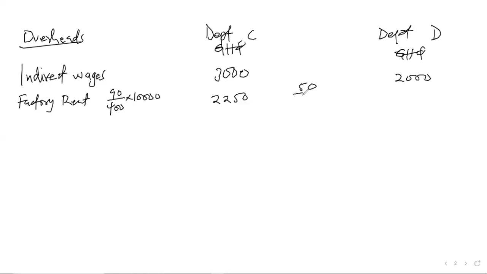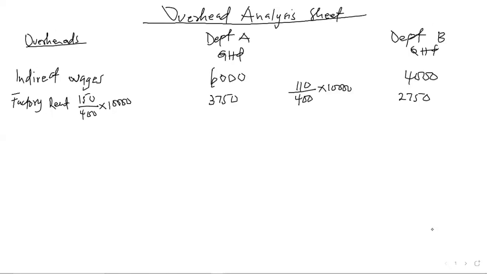So 50 divided by 400 times 10,000 will give us 1,250. So when we add 1,250, 2,250, 2,750 and 3,750, we need to get 10,000. If we add these four figures and you're not getting 10,000, then there is a mistake somewhere. So let's move to the next overhead.